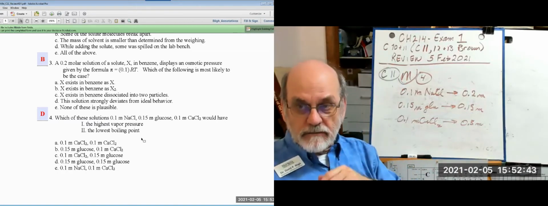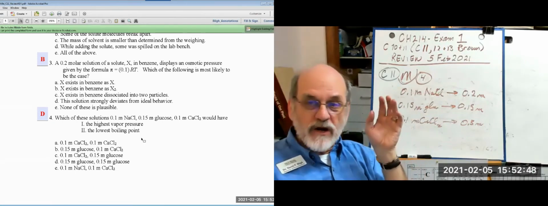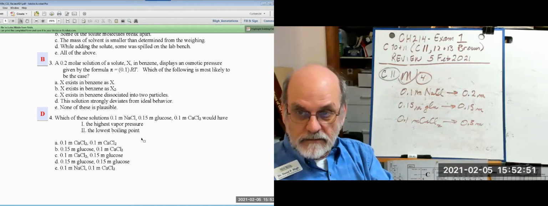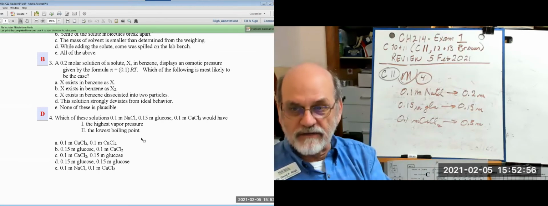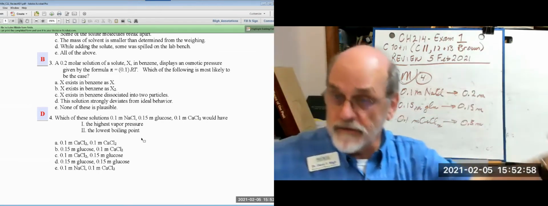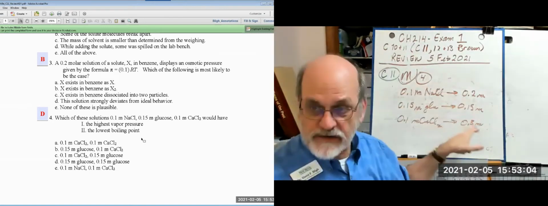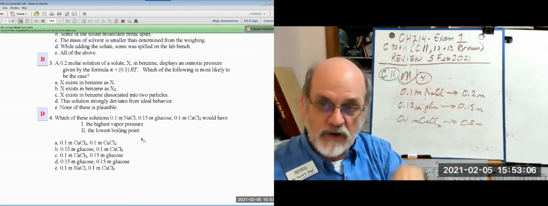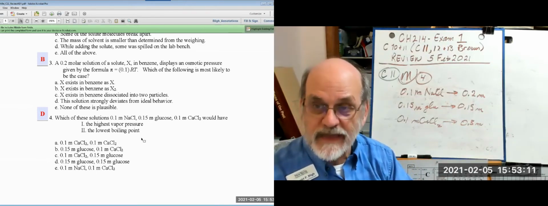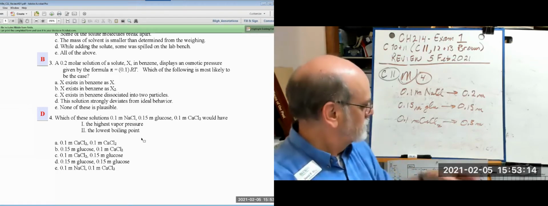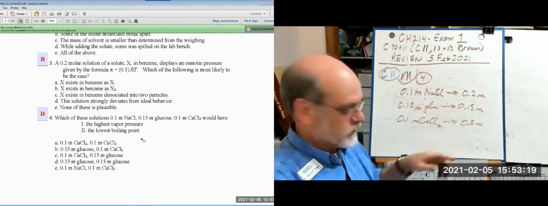If the concentration increases, then the vapor pressure decreases, right? Because we're changing the mole fraction of the solvent, which is responsible for the vapor pressure. So if we increase any of these, then the vapor pressure is going to go down. So the highest vapor pressure will be the lowest concentration, here, glucose.